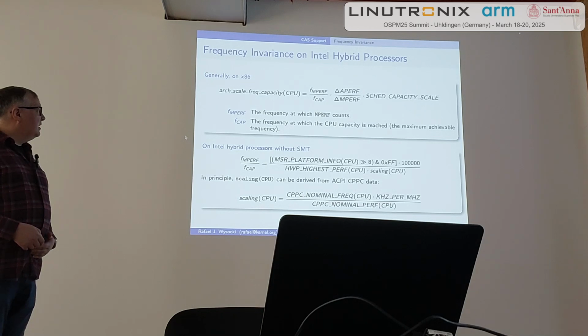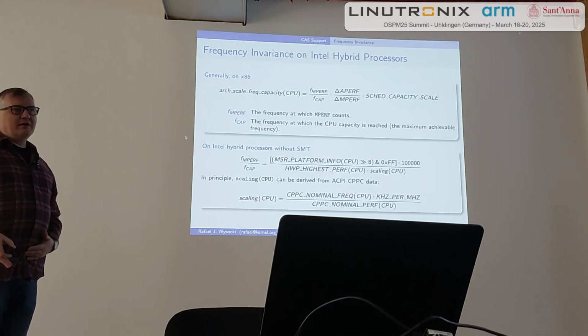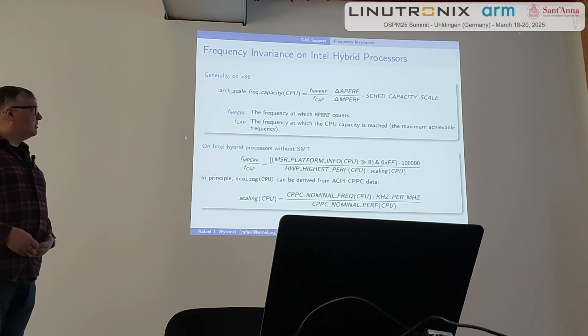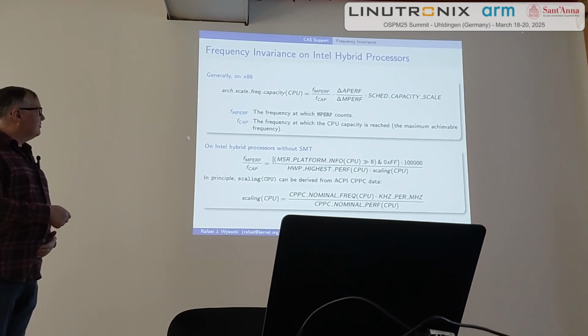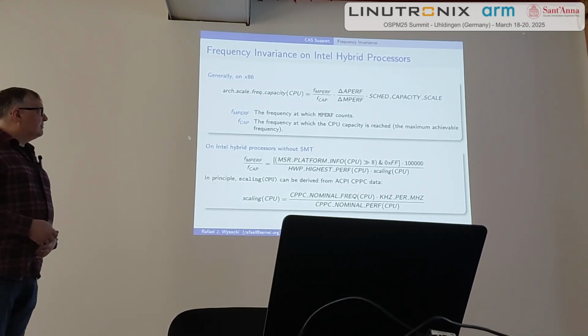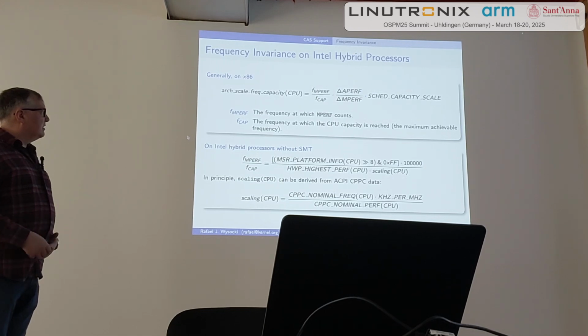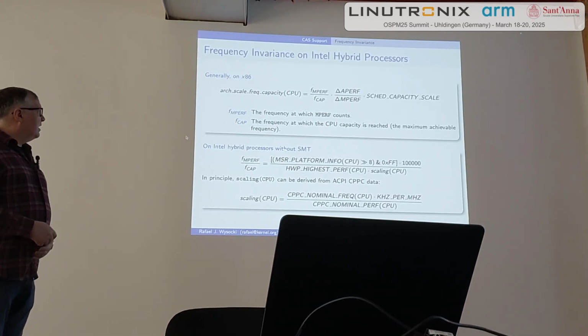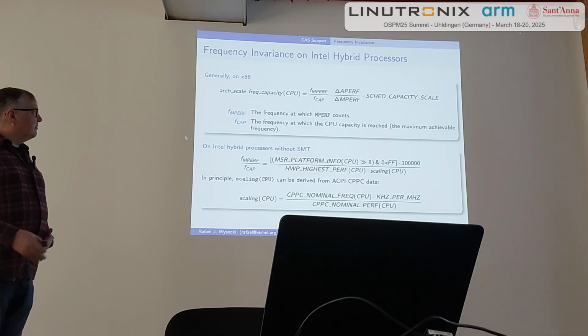The problem with this is that this fraction may be 1, maybe less than 1, or maybe greater than 1. So it needs to be rescaled so that this function goes from 0 to SCHED_CAPACITY_SCALE. And scaling is done with the help of this additional factor here, where f_mperf is the frequency of MPERF, and f_cap is the frequency at the highest capacity of the CPU.